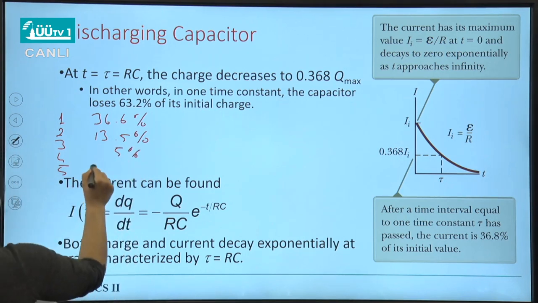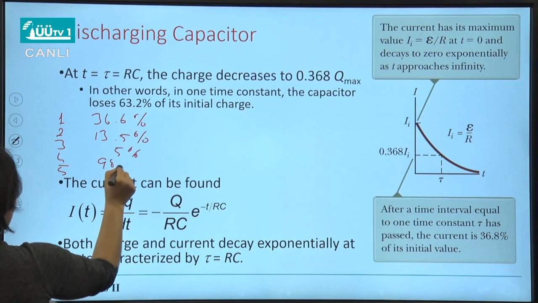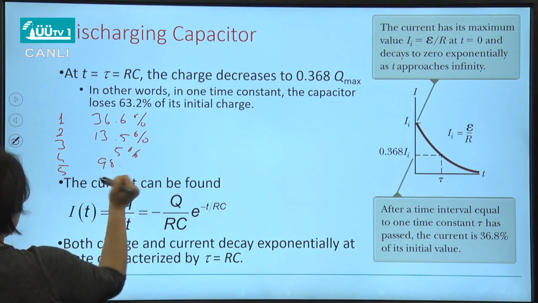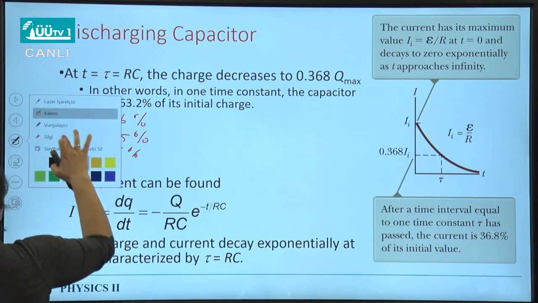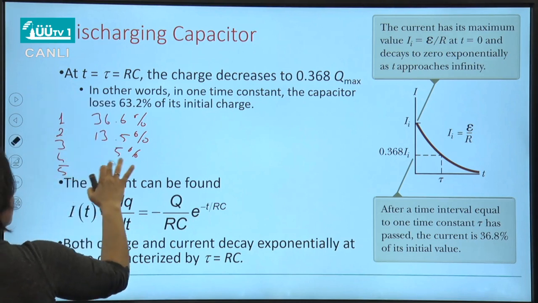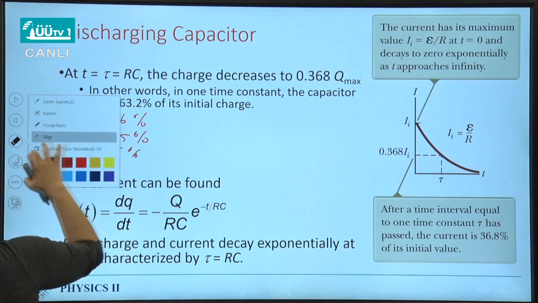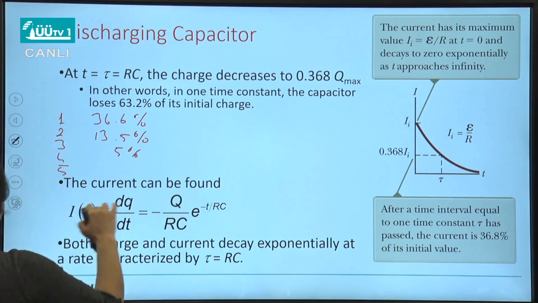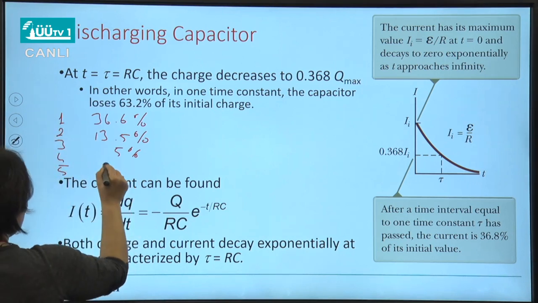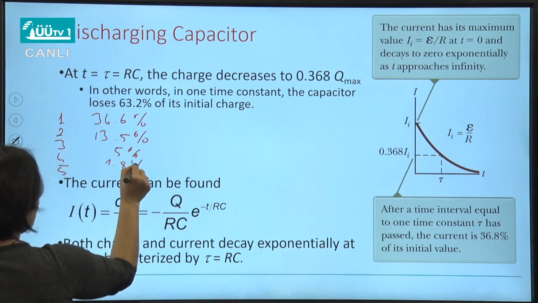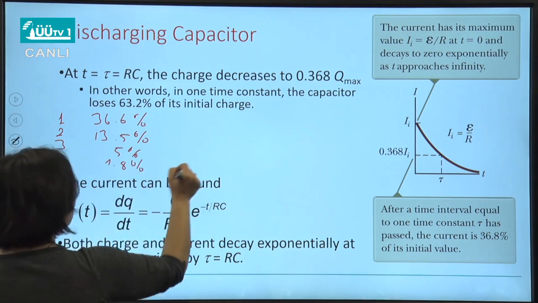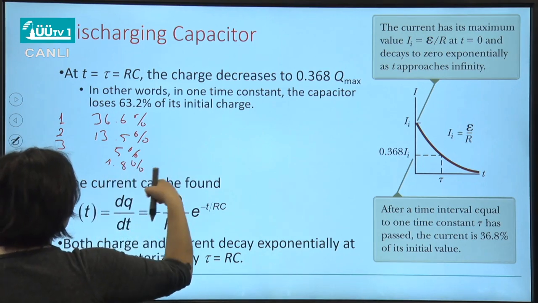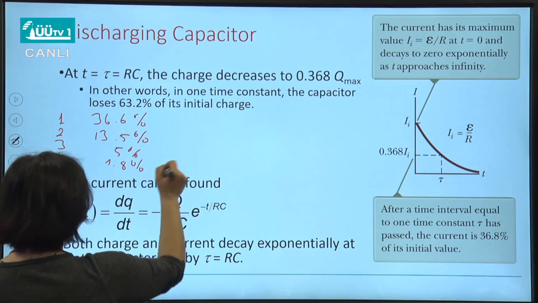After 4 tau, it will be 1.8%. I want to write bigger, but I don't have enough space here, so I will write here.